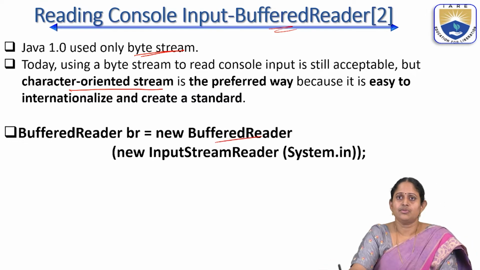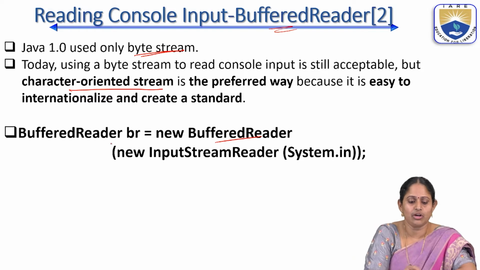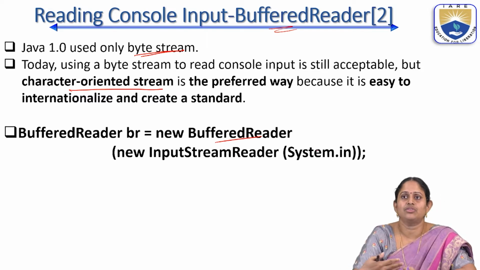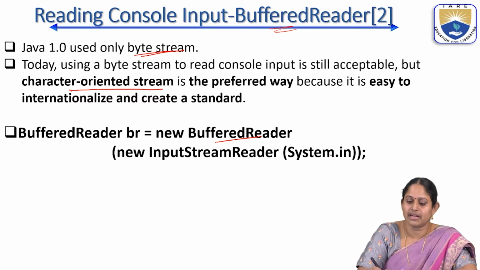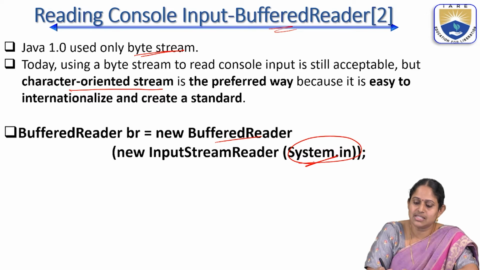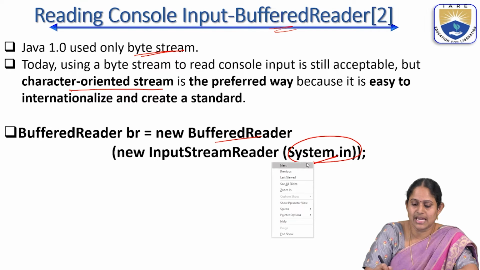Now what happens is whatever data is being given through the keyboard will be read using the input stream. So this is the element which is reading the data from the keyboard. Once this data is read, it has to be converted into characters.